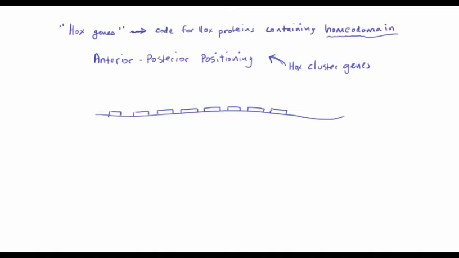So at one end of this cluster, we might call this Hox1. That would correspond to the anterior end of the animal. And at the opposite end, maybe in this case, we've got 8 genes in the sequence. You'd call this Hox8. This would be the posterior end, okay, which is kind of weird. I mean, this was not expected.